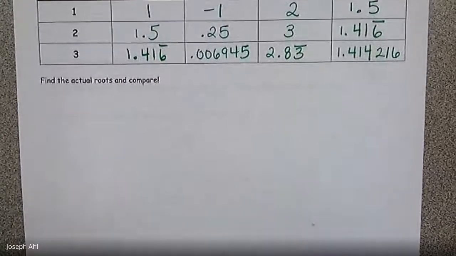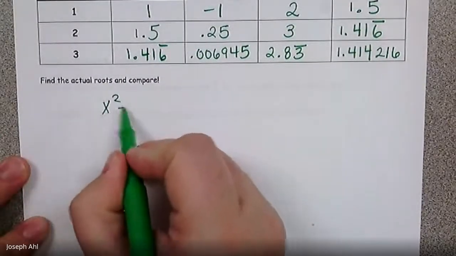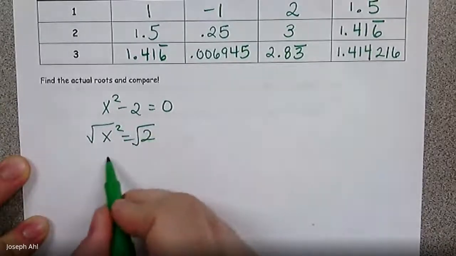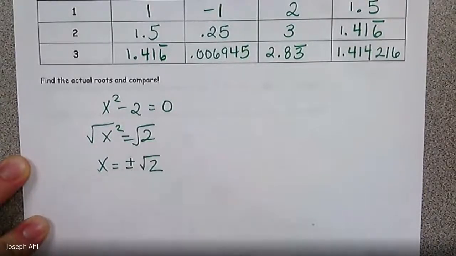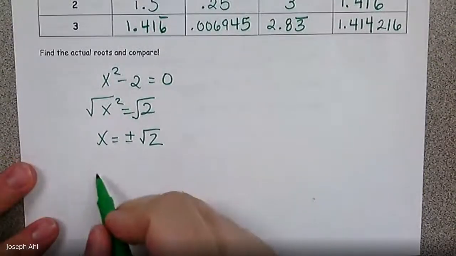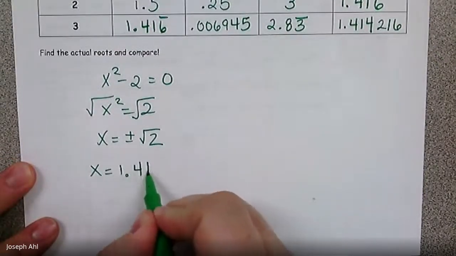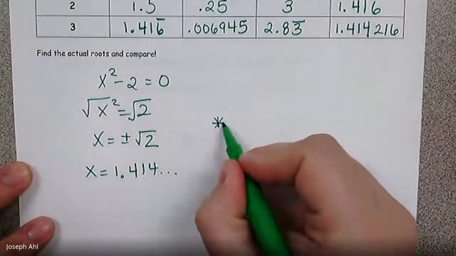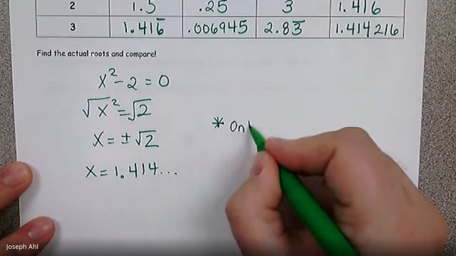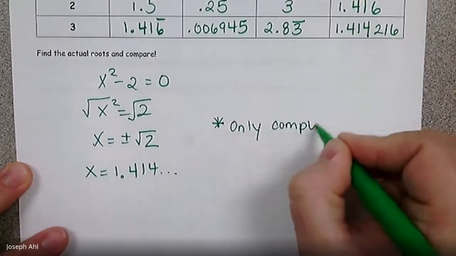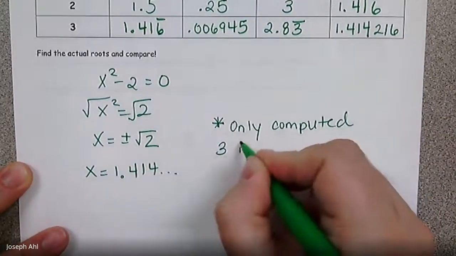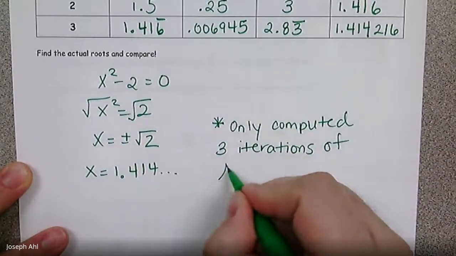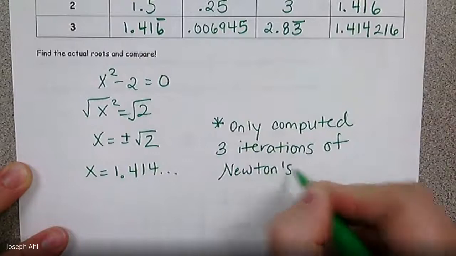So if we actually compute the roots, we know what they are, right? x squared minus 2 equals 0 gives us roots at plus or minus radical 2. So radical 2 is about 1.414. And look how only 3 iterations got us pretty close. Okay. So we only computed 3 iterations of Newton's method.